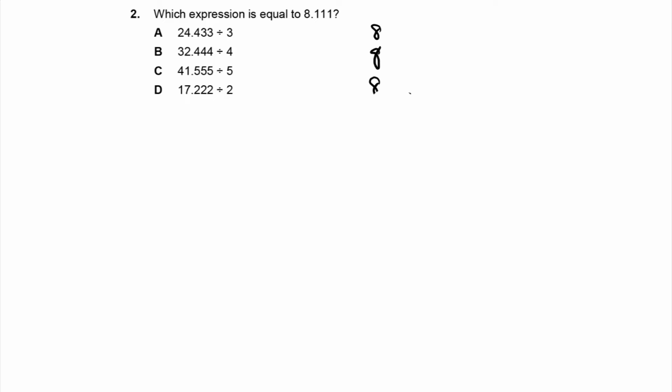So I can see right away that they're all at least in the right range of numbers. The next thing I'm inclined to do is to look, since I've got a very simple number here, 8.111, at the last digits and see if any of them are aligning with that 1111. I can see the 433 doesn't really match up with 1111, but the rest of them do, the 444, 555, and 222.